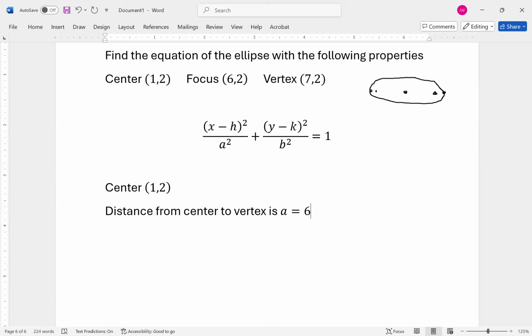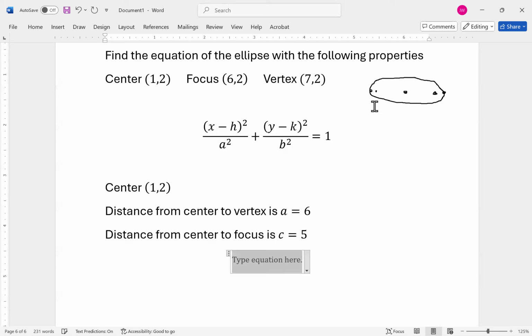The only thing that's left is to find the B. If I have the H, the K, I have the A, I only need to find the B to complete this equation. Now it doesn't give me the B, but it does give me the focus. And I know that the distance from the center to one focus is C, which in this case would be 5.